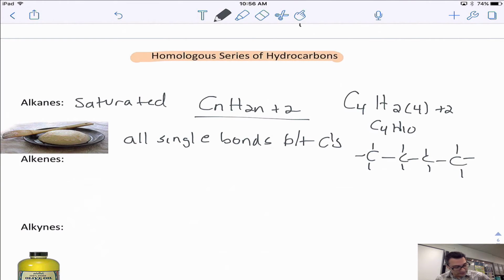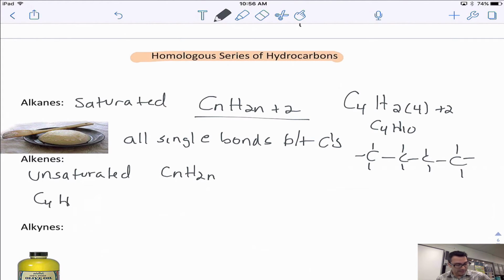Well, an alkene is considered unsaturated. It has the general formula CnH2n. Now if we were to look at that and say, all right, let's do a but- for this one, so let's do C4.